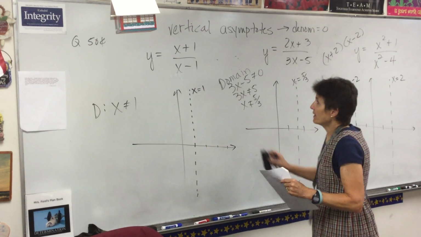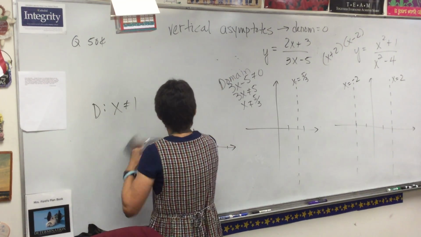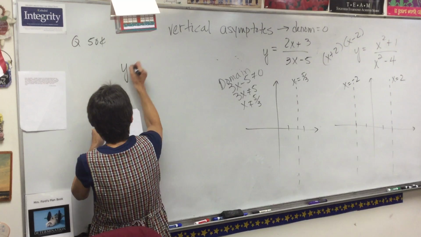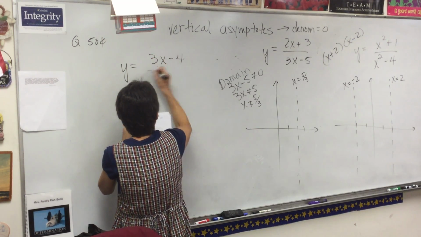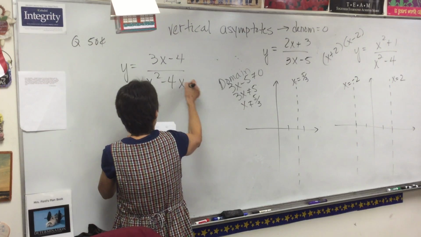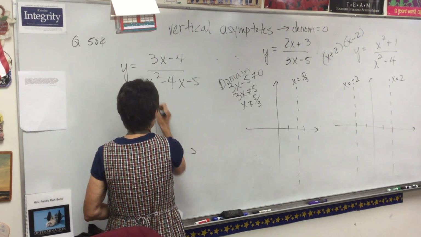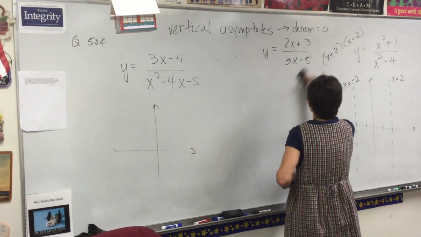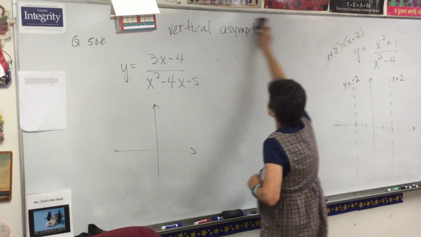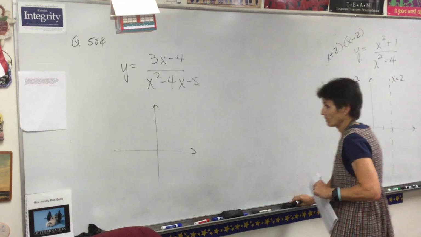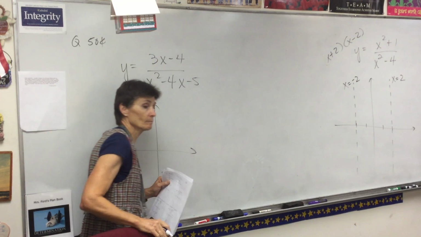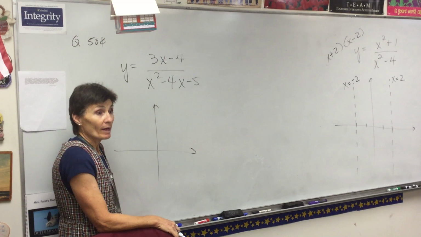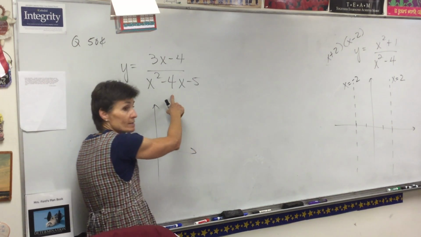All right, one more easy one, and then it gets a little harder. What about D? Where are the vertical asymptotes for this problem? Okay, so that factors.